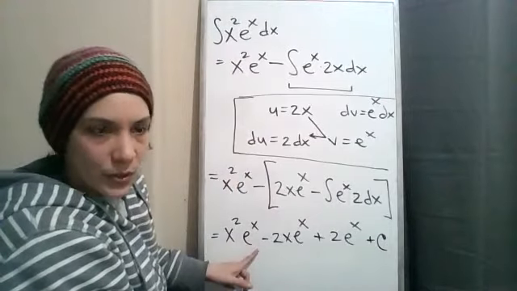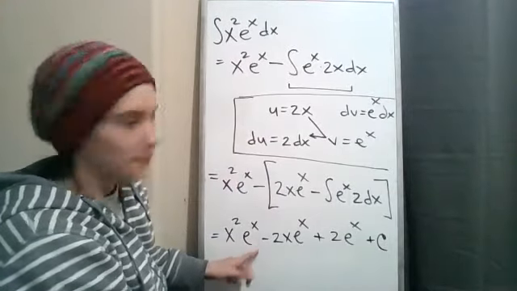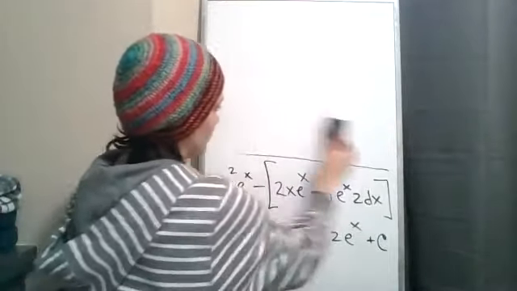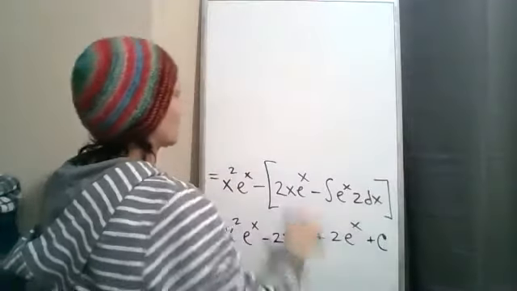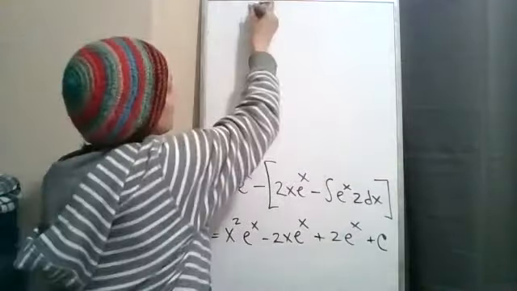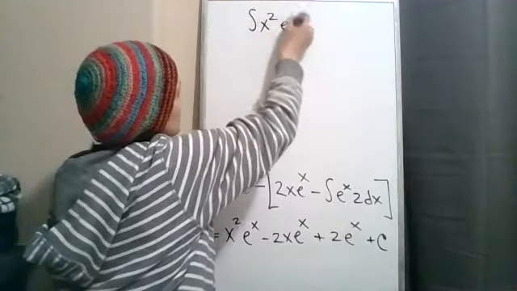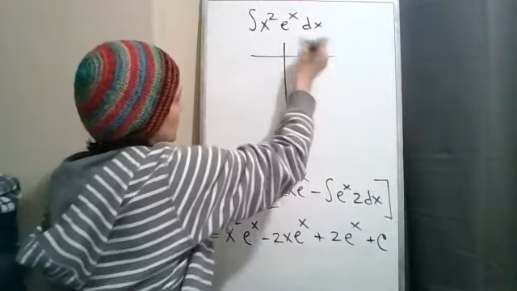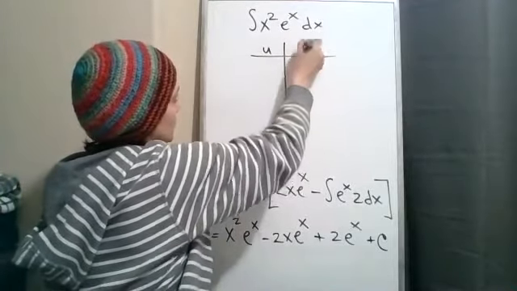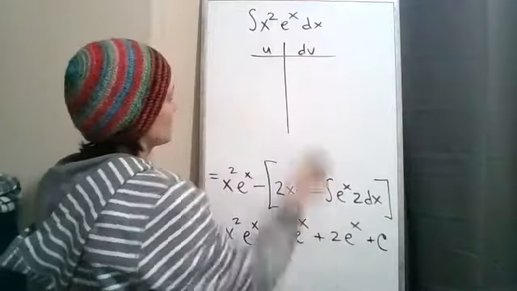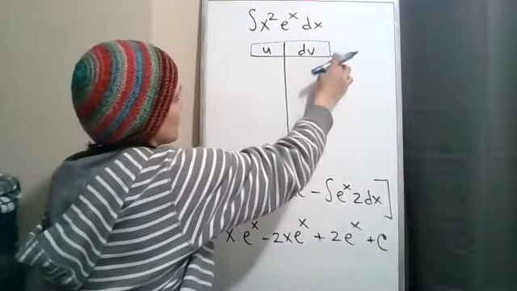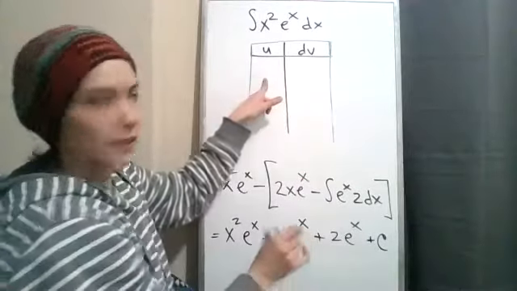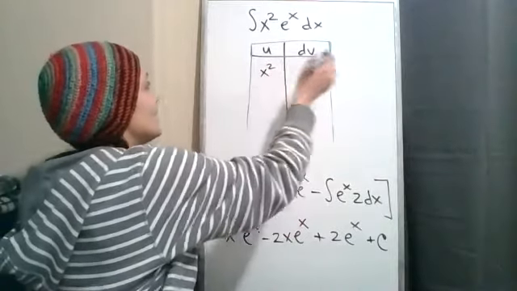All right, and then we'll do that table again to see if we get this answer. So u is x squared, and this is e to the x.